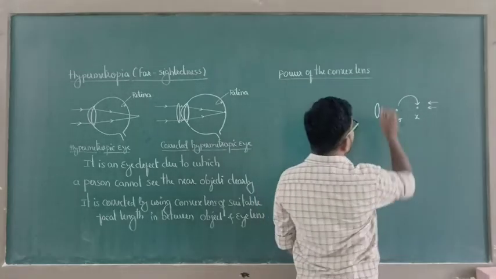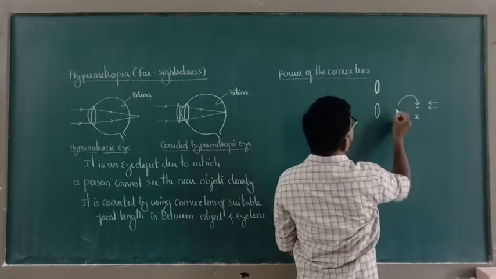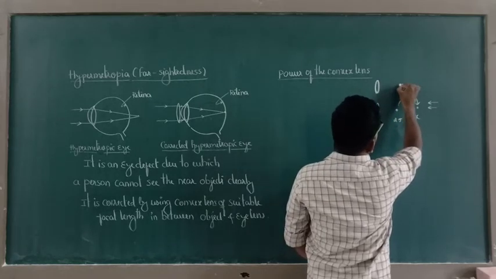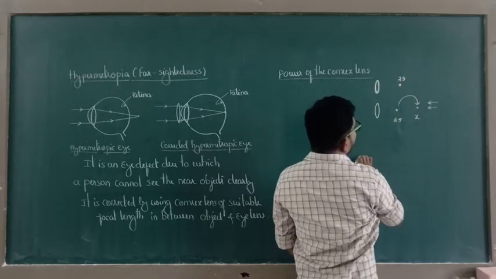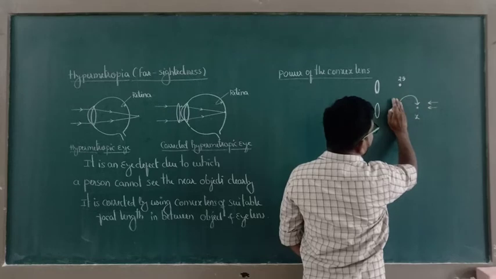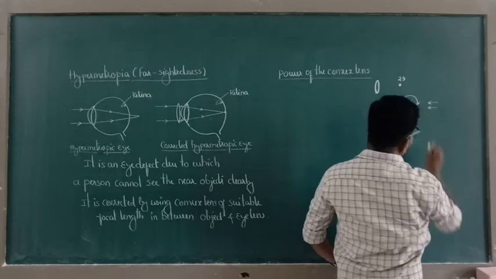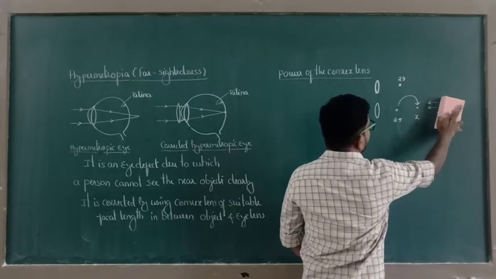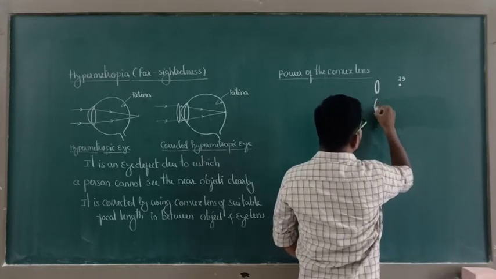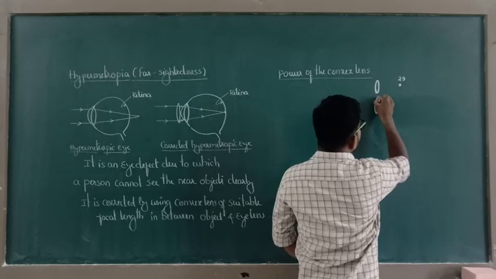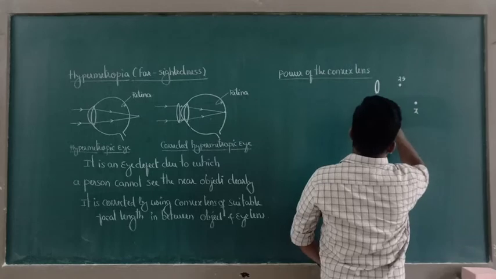So if I am going to get confusion, here normal eye, least distance is at 25 centimeter. This is normal eye. So this is hypermetropic eye, because in case of this eye, least distance of distinct vision is shifted away from the eye.